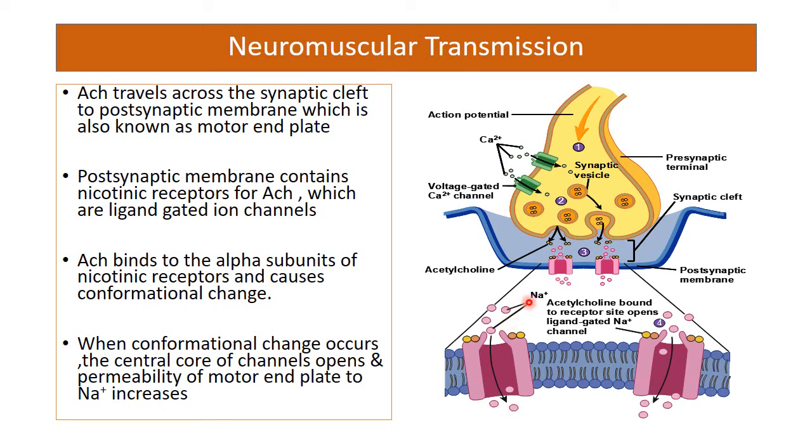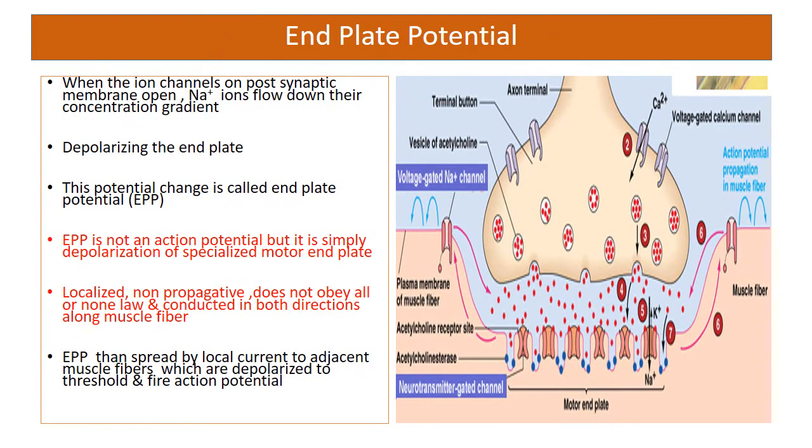Here you can see sodium permeability has been increased. When these ion channels open on the postsynaptic membrane or motor end plate area, sodium flows down the concentration gradient, causing depolarization of this area, that is the motor end plate.